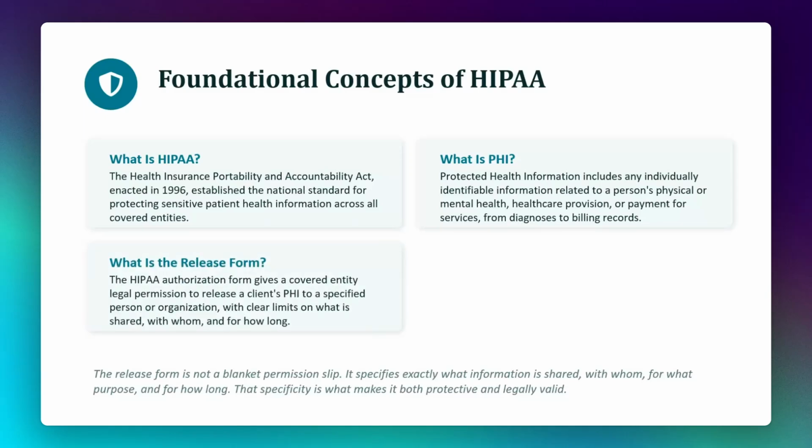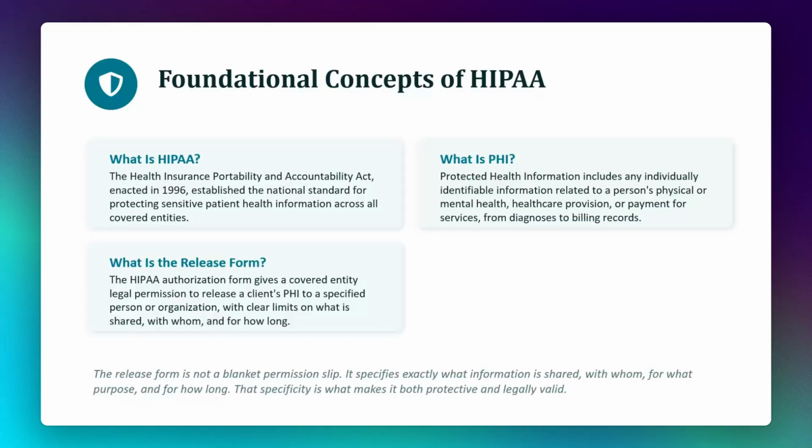The HIPAA Release of Information form, which is also called the HIPAA Authorization form, is the mechanism that gives a covered entity legal permission to share a client's PHI outside of their routine treatment purposes. And here's the key thing to understand about this form. It's not a blanket permission slip.